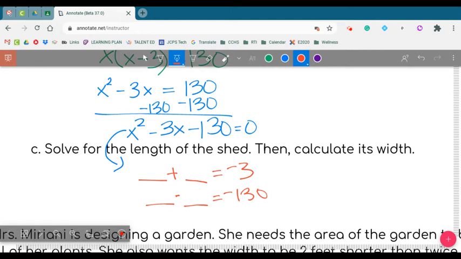So I'm trying to find this because I haven't done it yet. So work for a minute and try to find it.